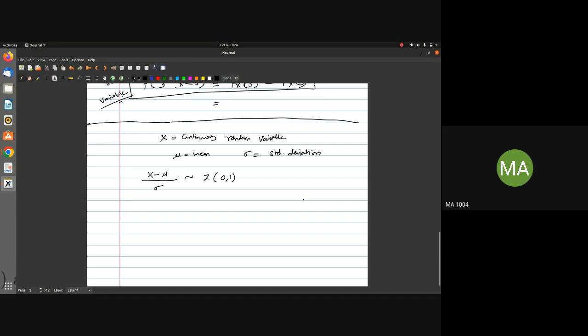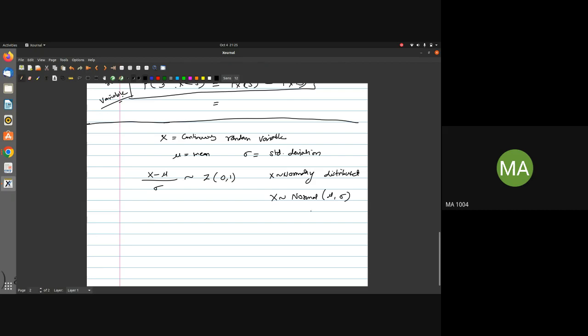Okay, so when your x is already normally distributed, as in the given question, x is normal with mean mu and standard deviation sigma.